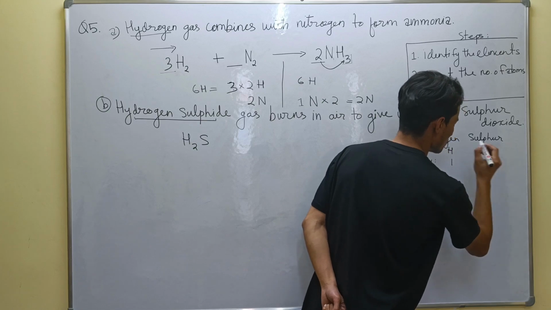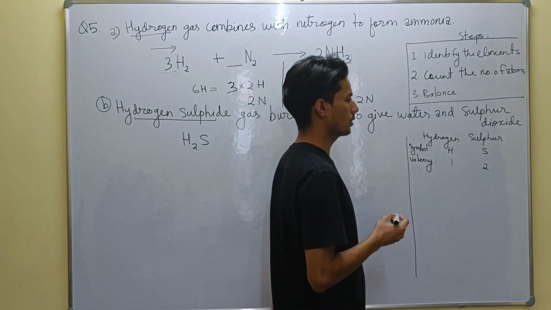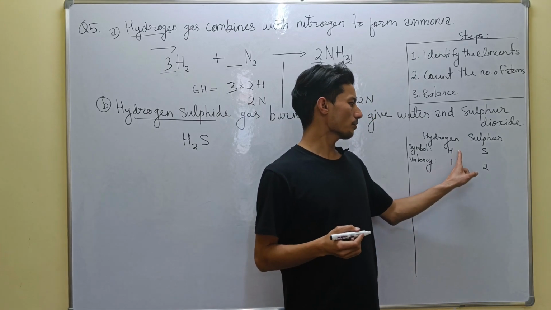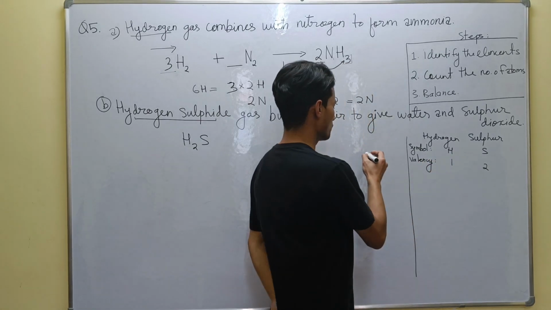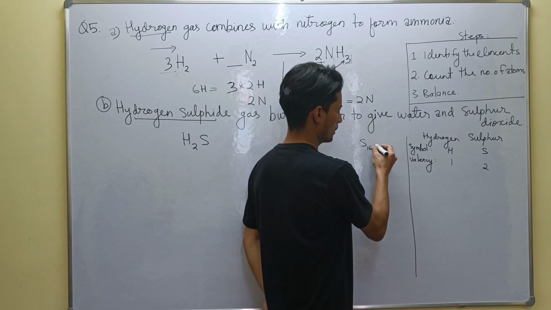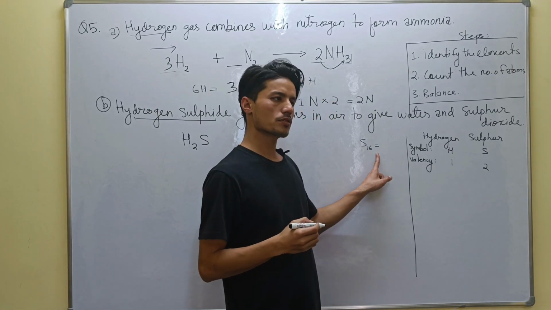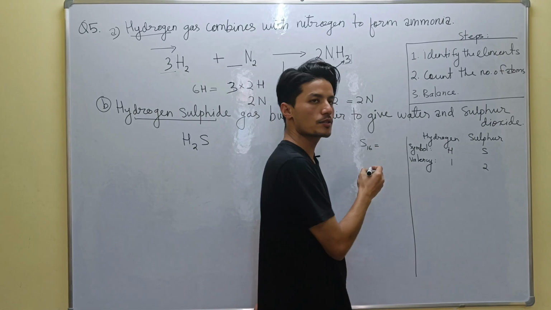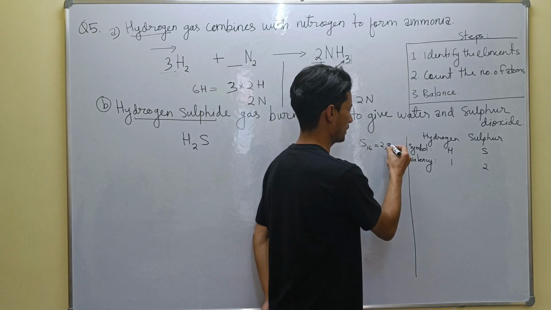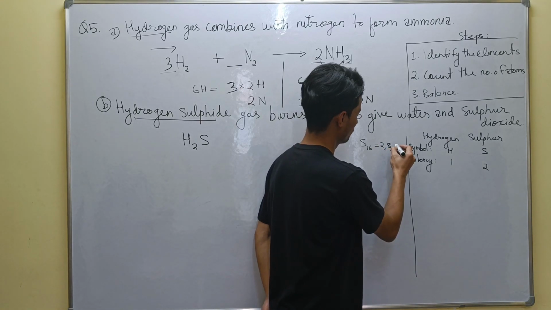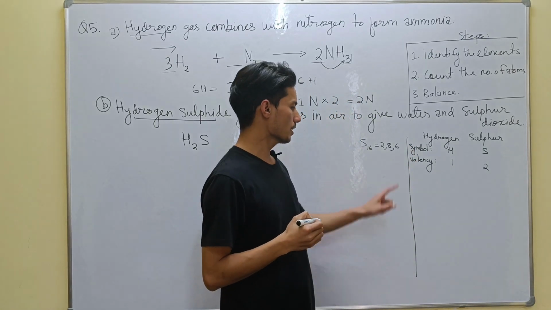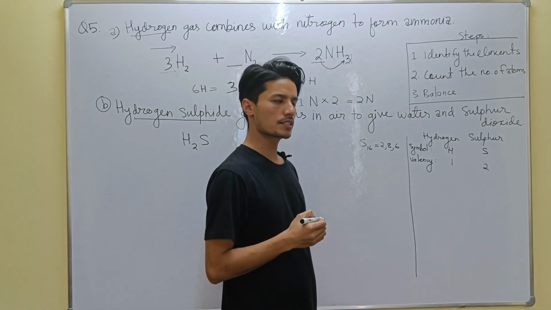Sulfur has valency 2. I'll explain to you later what valency is also, but for now you can just remember that sulfur is not stable. Sulfur has atomic number 16. So the arrangement of electrons for sulfur will be 2, 8, 6, is it not? 8 plus 2, 10, 10 plus 6, 16.